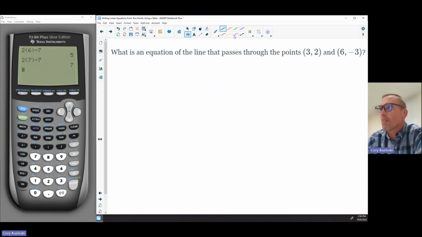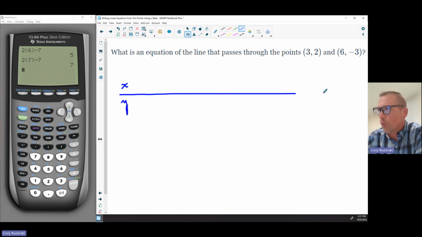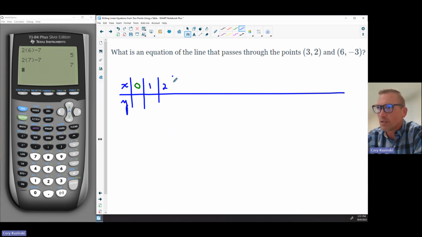All right, another one. What is an equation of a line that passes through these 2 points? Again, I'm going to set up a table, x, y. I'm going to start it at 0 because that's a pretty important point. That's the y-intercept. So we have 1, 2, 3, 4. Well, 3 is with 2, right? 5, and then 6 with -3.